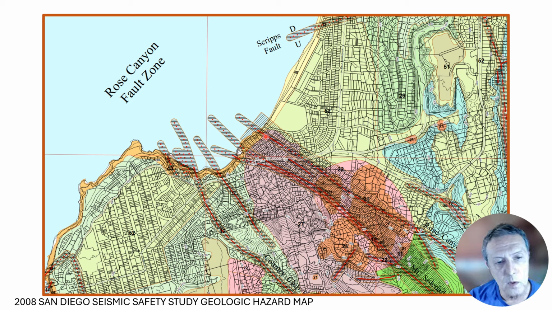So this is a known active fault, the Rose Canyon fault zone area. The state designated areas on either side of this fault, within a quarter mile of the actual fault trace, to say, okay, if you're going to build here, be careful.